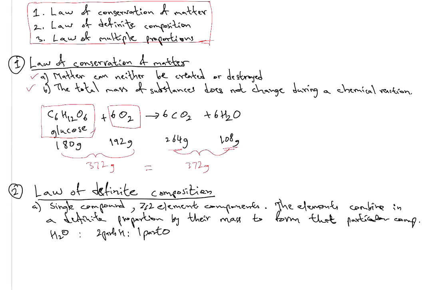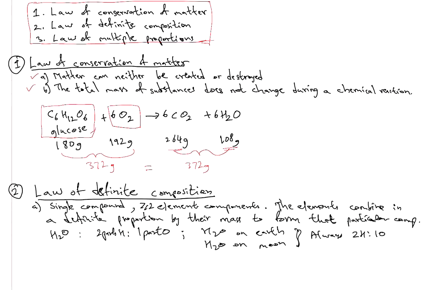Now, whether you have water from any source, whether water on Earth or you found water on Moon or on Mars, anywhere you found, till the time you have the same compound water, it will always contain hydrogen and oxygen in 2:1 ratio.